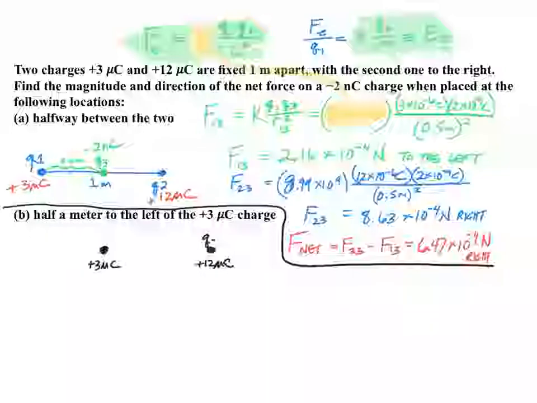This is charge 2. This is charge 1. And let's say that we put charge 3 out here. It's a minus 2 nanocoulombs. So we'll have half a meter here, 1 meter there.